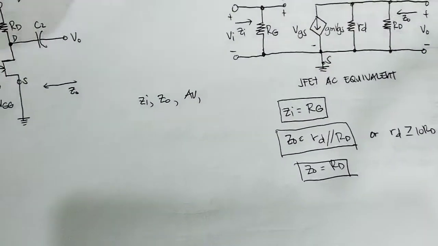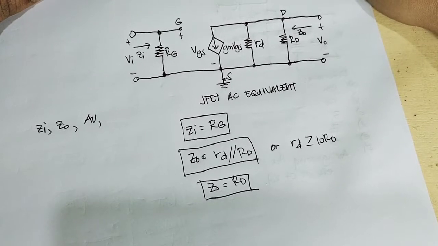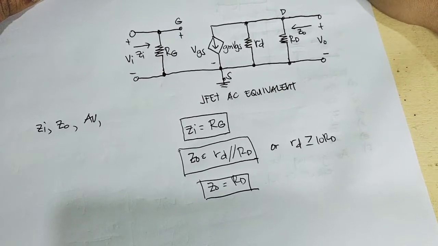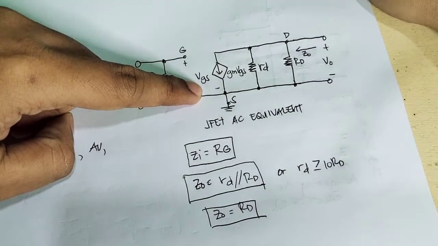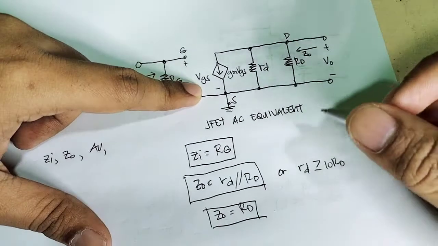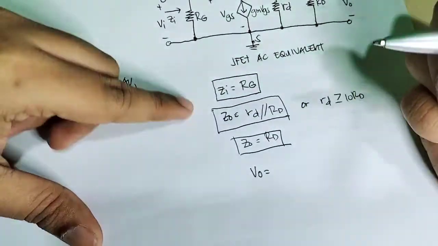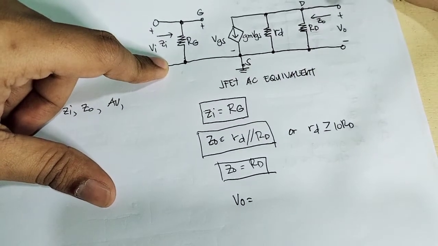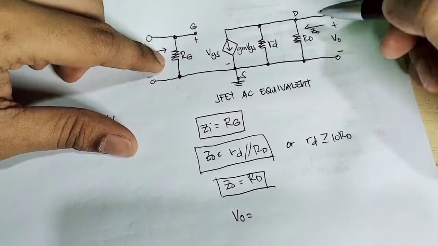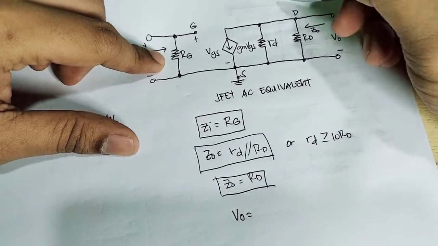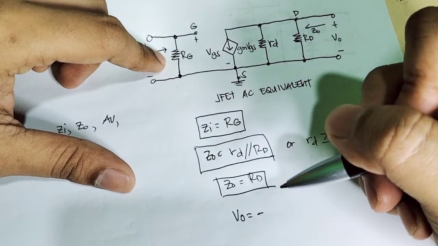So the last one is the voltage gain. So we're going to calculate the voltage gain. As you can see in this figure, on the output side we can find the output voltage, which is equal to, using Ohm's law, since the current is in this direction, it should be negative. So current times the resistance.